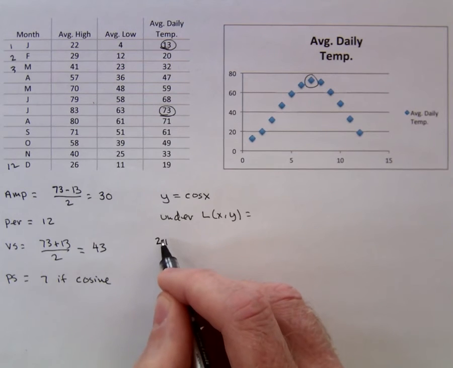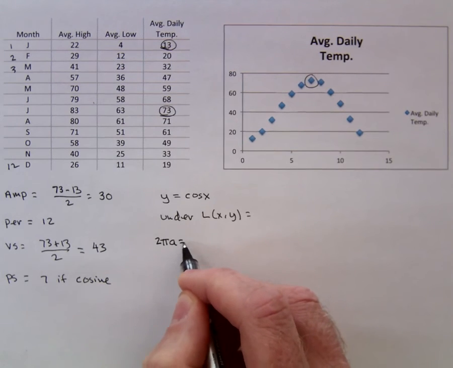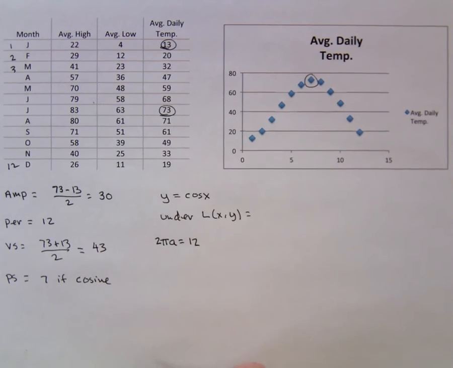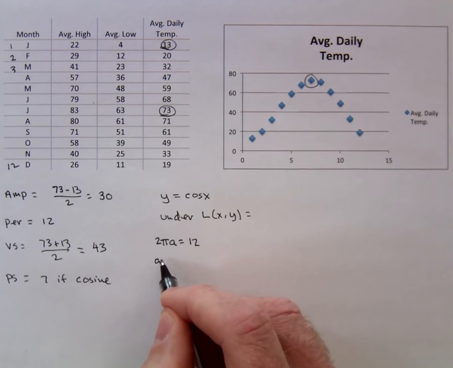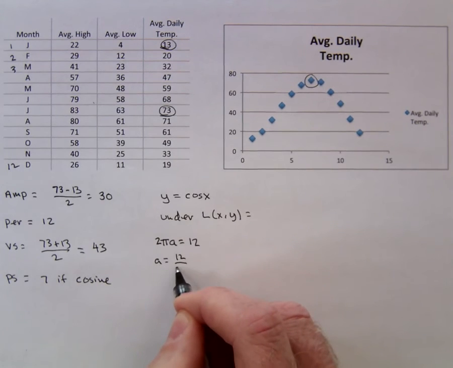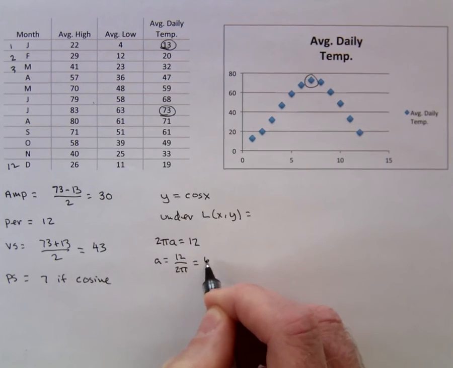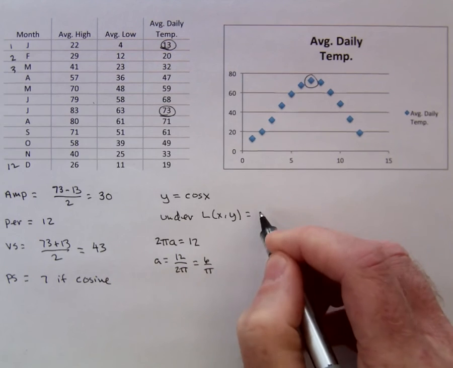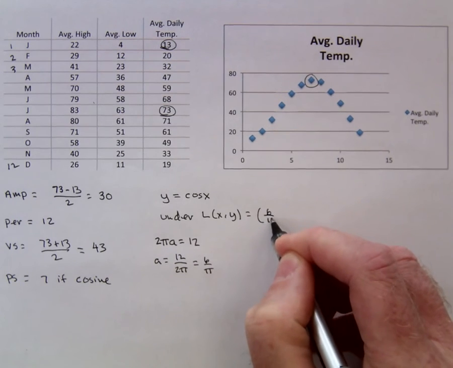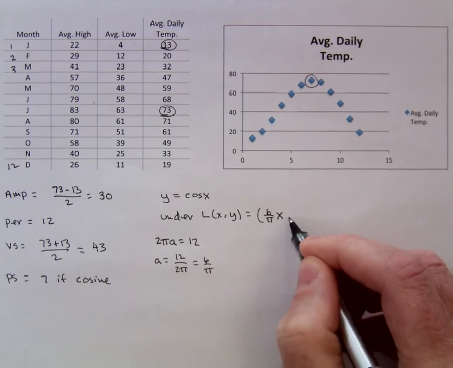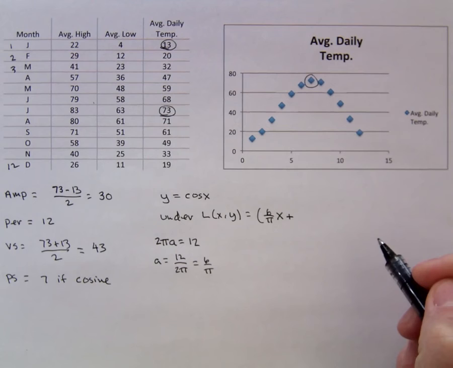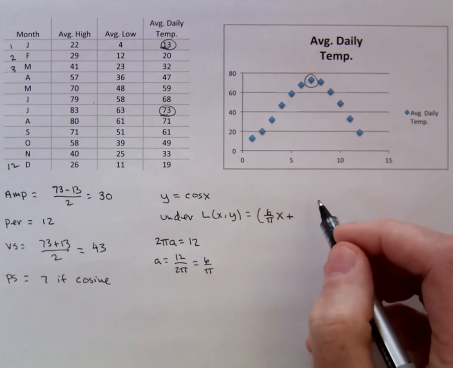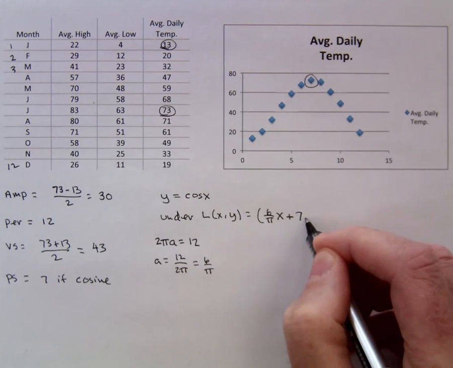It's going to be whatever scale factor a turns 2 pi into our period of 12. And that's going to have to be 12 over 2 pi, which is 6 over pi. So we have 6 over pi times x. The horizontal translation, of course, is the phase shift, which is 7.